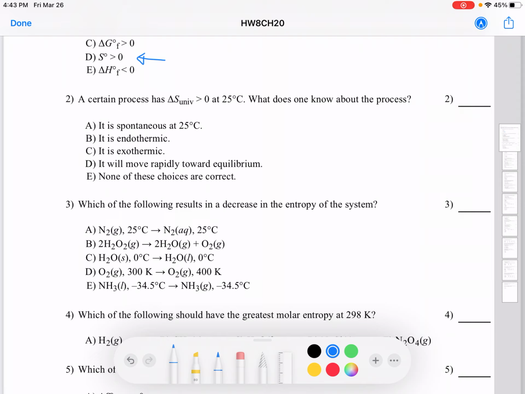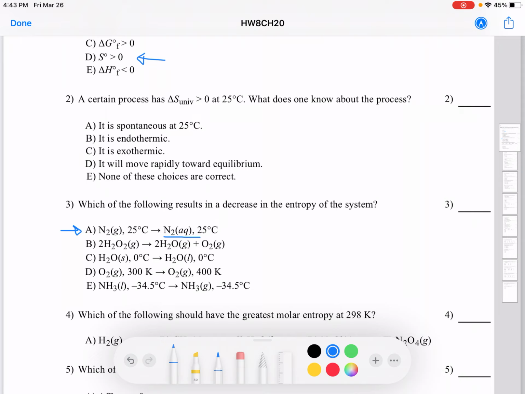Number 3, which of the following decreases the entropy of the system? Remember, if you can make particles move more, become more loosely held, then it increases the entropy of the system. The first one, nitrogen gas becoming nitrogen aqueous, meaning the gas dissolves in water.